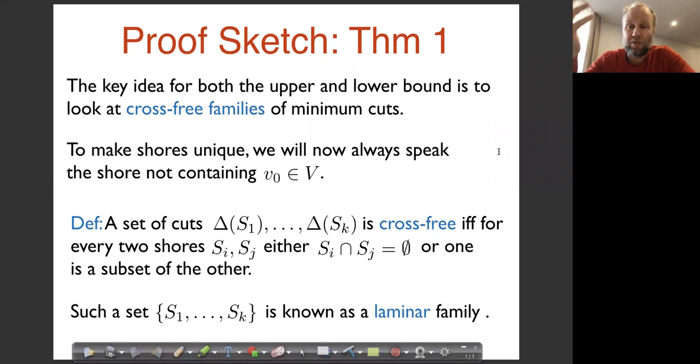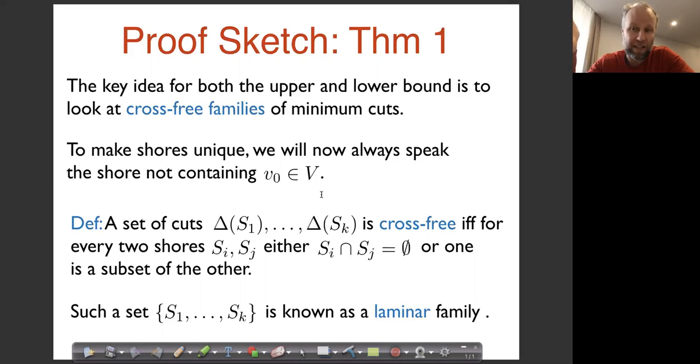All right, so what is a cross-free family of cuts? Okay, so take a set of cuts, let's say delta of S1 through delta of SK. So this is cross-free if and only if for every two shores, SI and SJ, either they're disjoint, so SI intersect SJ is the empty set, or one is a subset of the other.